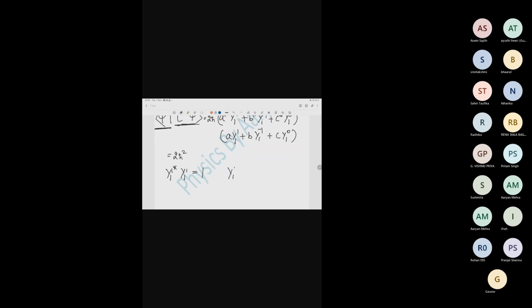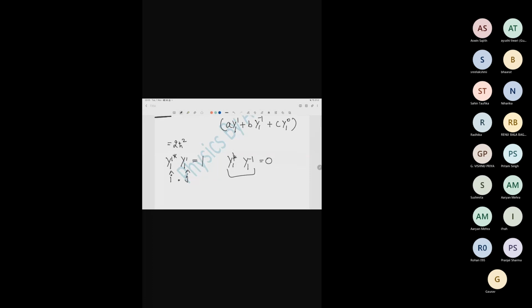If you do Y 1 1 star with Y 1 minus 1, it is 0, because now the states are different, so they are orthogonal to each other. If I take the classical analogy, let's assume this is I cap and this is J cap. I am doing their inner product. So I cap with I cap will give you 1, but I cap with J cap will give you 0. How many of you understood this? Yes, sir.